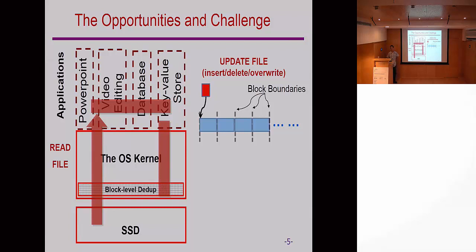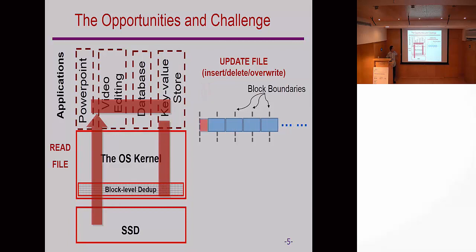We know that files on the SSD are stored and managed block by block. They are read into memory block by block, and the dedup also identifies duplicates at block granularity.